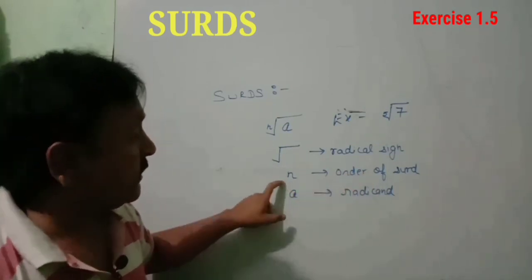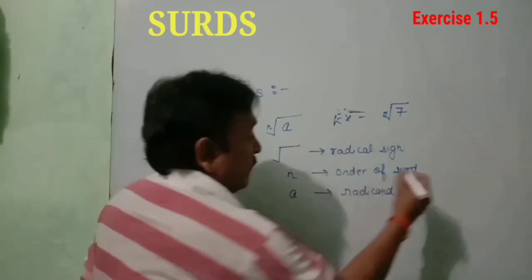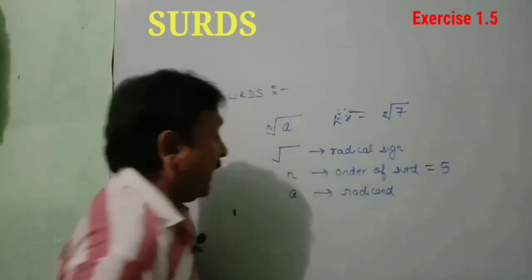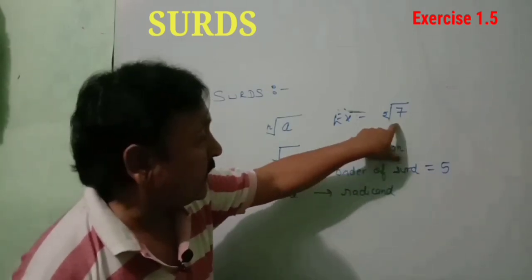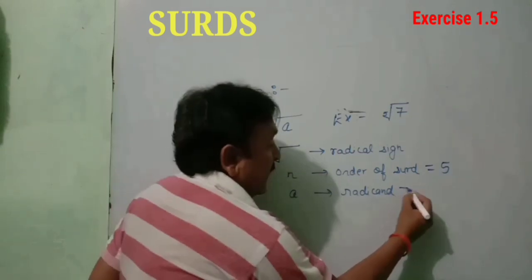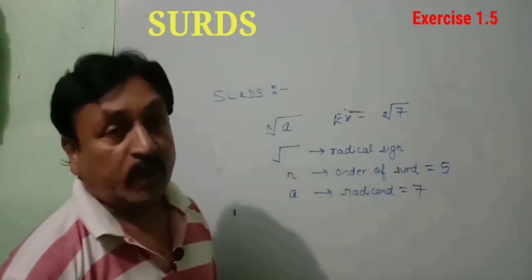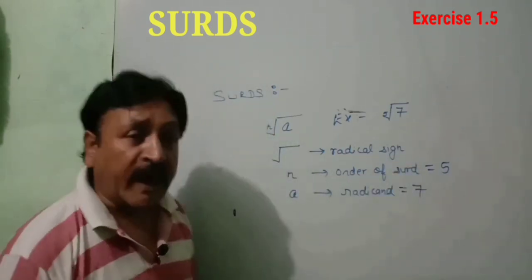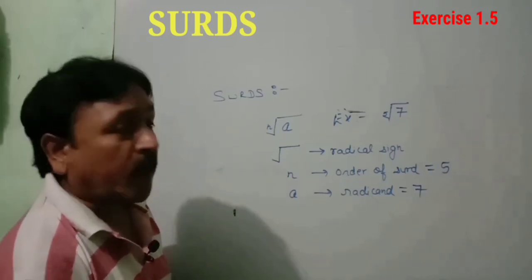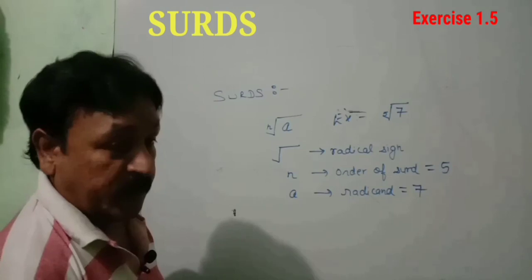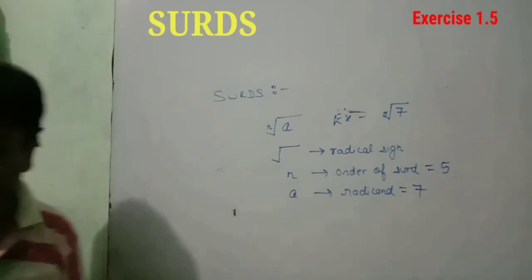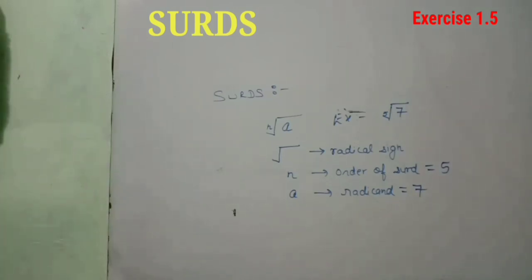The order of the surd is n, it is 5. And what is the radicand? Radicand means the rational number inside this root, it is 7. So the radicand in this case is 7. Why have I told you this? Because in this exercise we are going to deal with this kind of things. We will see them.